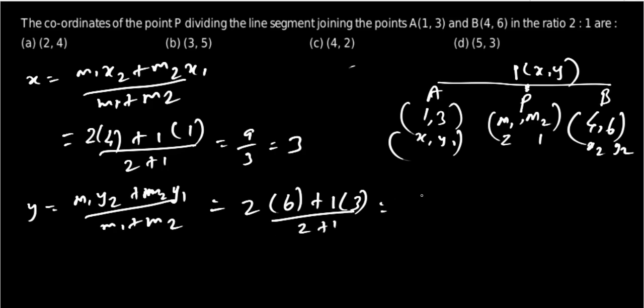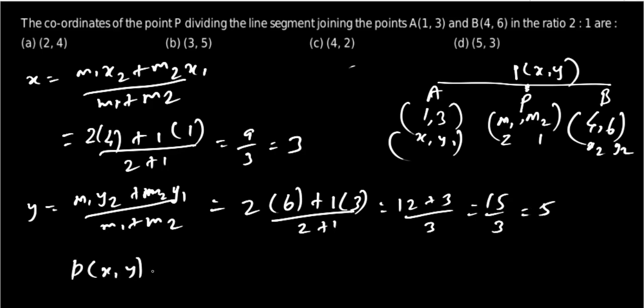It is nothing but 2 6s are 12 plus 3 divided by 3. That is 15 by 3, it will become 5. The coordinate point P of x, y will be 3, 5. So this option B is the correct option.